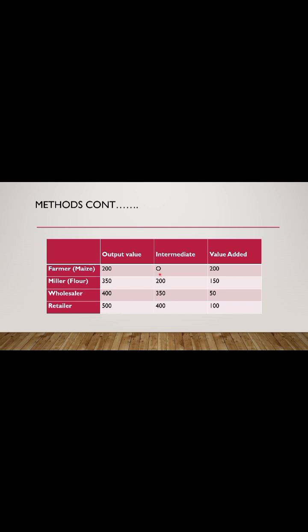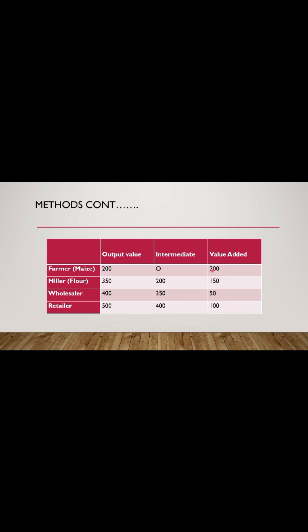So the intermediate value is 0 for the farmer, 200 for the miller, 350 for the wholesaler, and 400 for the retailer.